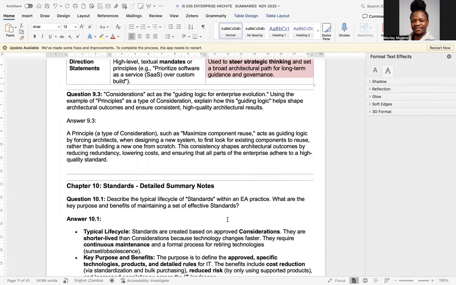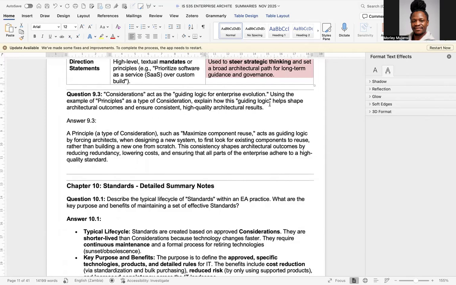Okay, we can look at the other one, question 9.3. Considerations act as the guiding logic for enterprise evolution. So using the example of principles as a common consideration, explain how this guiding logic helps shape architectural outcomes and ensure consistent high quality architectural results.